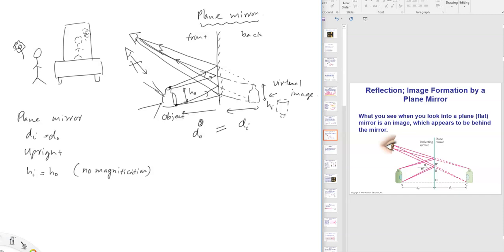Sometimes the image can be smaller than the actual object. That is also a magnification, but it's a negative magnification, right? But for plane mirrors, it doesn't make any magnification. Or you can say magnification is 1. So we define the magnification M as HI over HO, the ratio between the sizes of the image and the object. This is equal to 1.